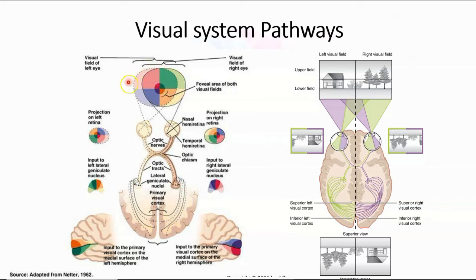The superior visual field maps dorsal to the calcarine sulcus, and the inferior visual field maps ventral to the calcarine sulcus.